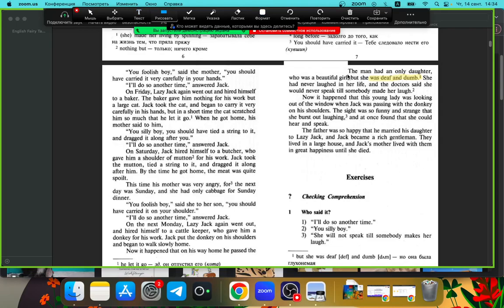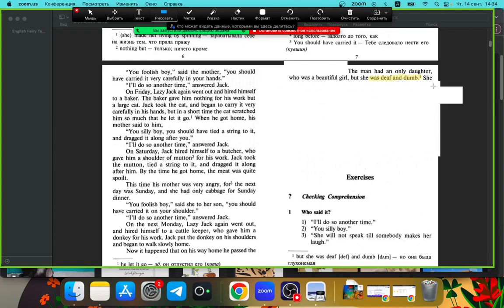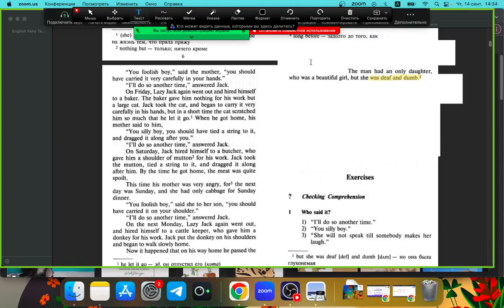The man had only one daughter who was a beautiful girl, but she was deaf and dumb. And we'll write it down to personality, I think, yeah? Personality, not appearance, just personality. Open part 2. You'll write it in part 2, personality, and write down the whole sentence, okay?